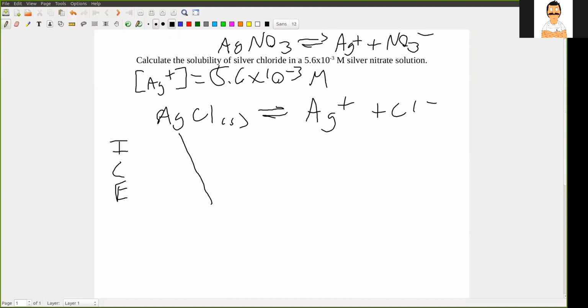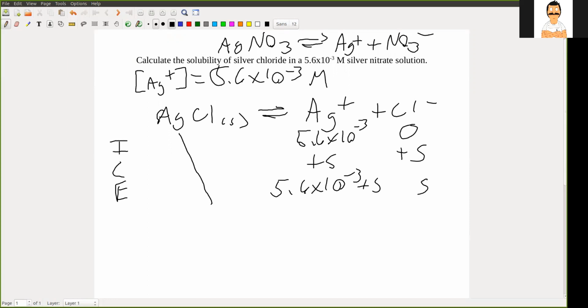So our initial for silver is 5.6 times 10 to the minus 3, but for chloride, we start off with nothing. And then our change is going to be plus S to both species. So at equilibrium, silver ions are 5.6 times 10 to the minus 3 plus S, and chloride is S.